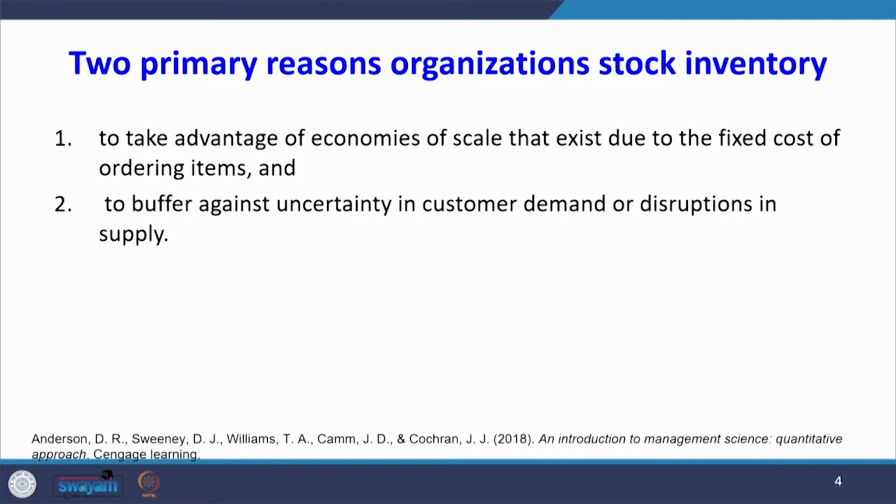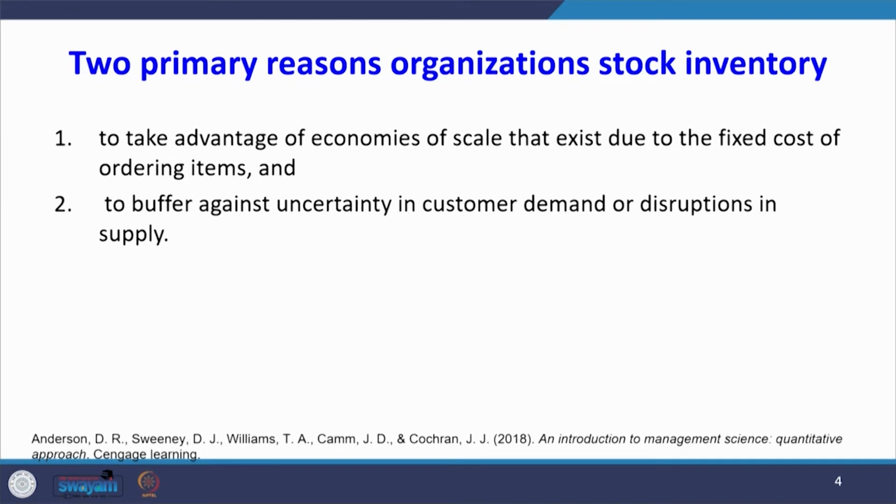There are two primary reasons organizations stock inventory. Why is inventory required? The first reason is to take advantage of economies of scale that exist due to the fixed cost of ordering items. What is the meaning of economies of scale? When you buy in larger quantities, the cost of ordering will be less.